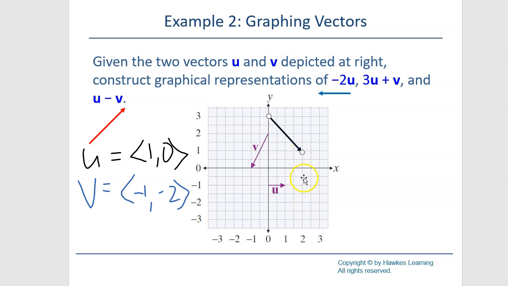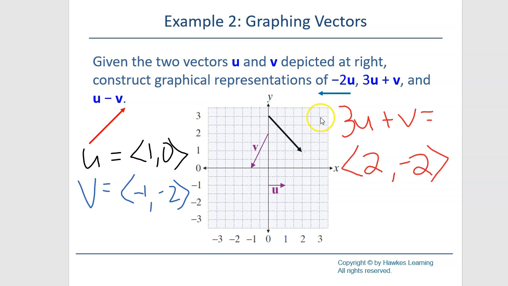I get to the point 2, negative 2. So what's happening? I'm moving down 2 units and I'm moving left 1 unit. So 3u plus v, what we just put on here, this black vector, is 2, negative 2. We go right 2, we go down 2.